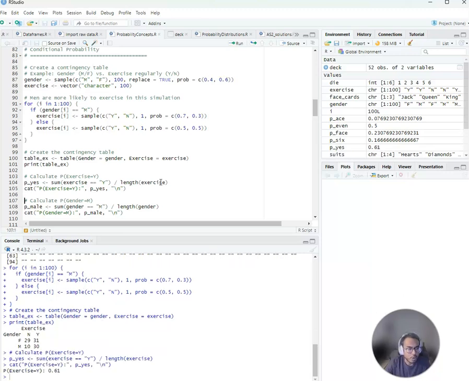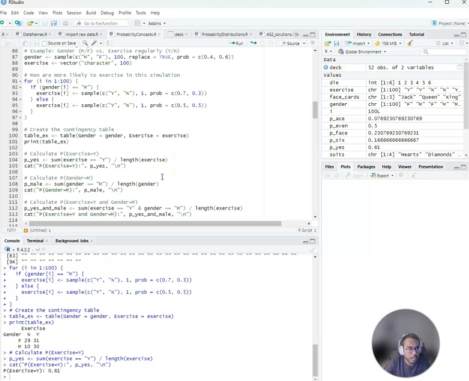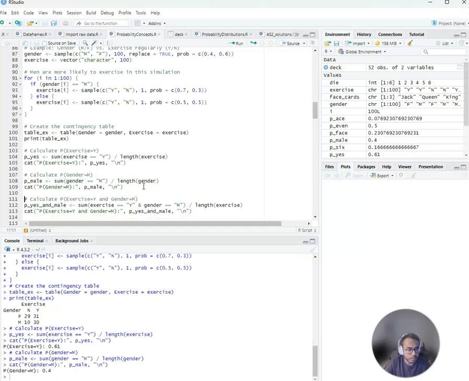And that is 0.61. I want to calculate the probability that the person is a man, which is all possible entries where the gender is M divided by the length of the gender, which is 0.4. And you can check that as well. So 10 divided by 10 plus 30 is 0.4.